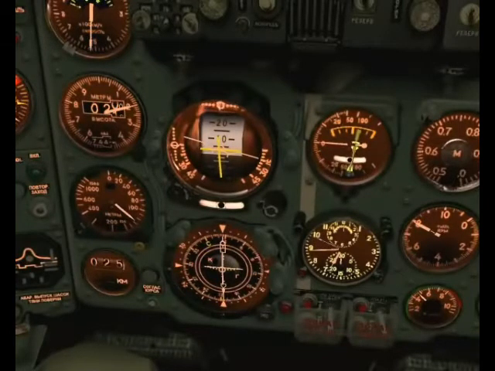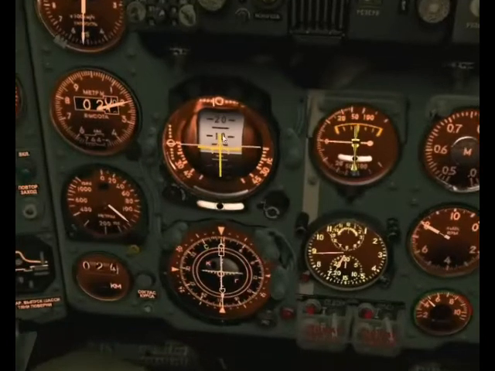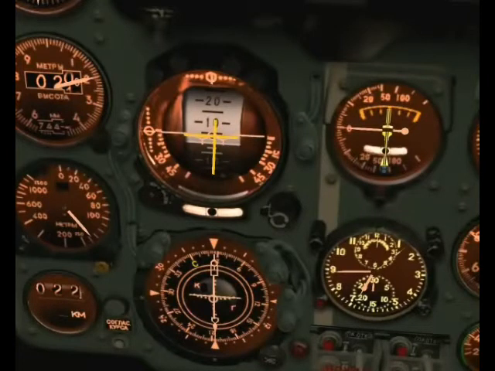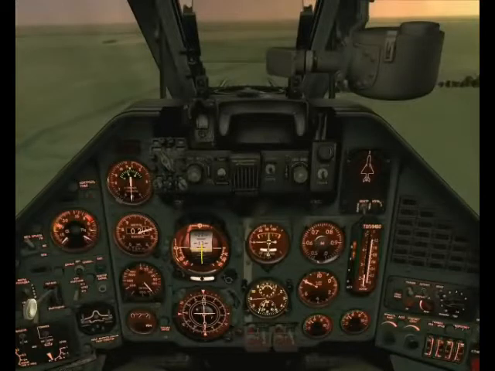Now just pay attention to the ADI and the horizontal, the vertical needle. We want that centered and the marker at the top of the gauge centered in that circle. And I can see our mid-course marker out there ahead of us, right in front of our nose.